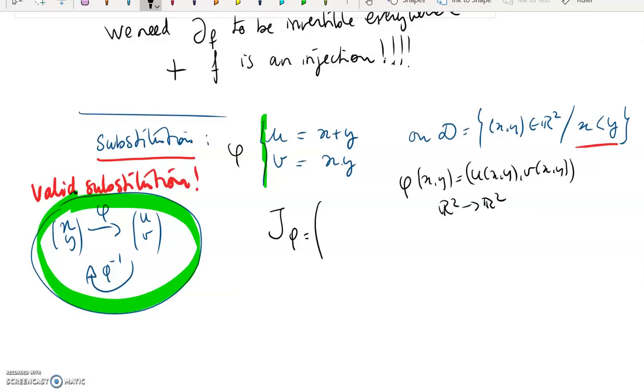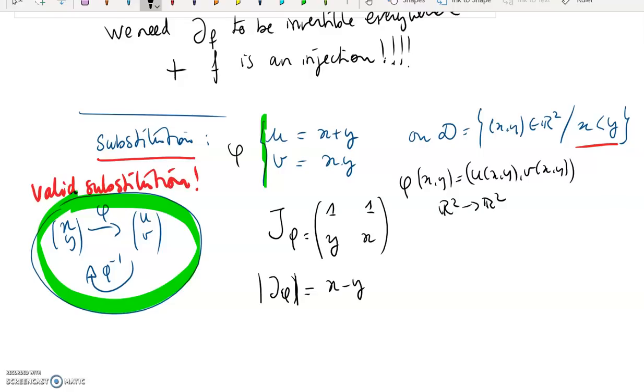It's going to be the gradient of u, that's 1 for du over dx, 1 for du over dy for the first row, gradient of v for the second row, so that's going to be y and x. And if I compute the determinant of the Jacobian of phi, that's going to be x minus y.